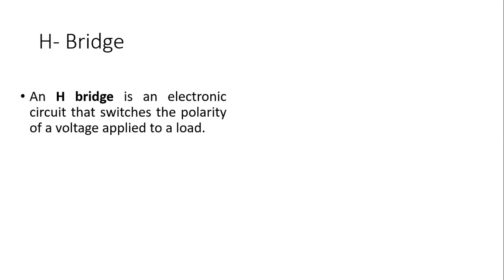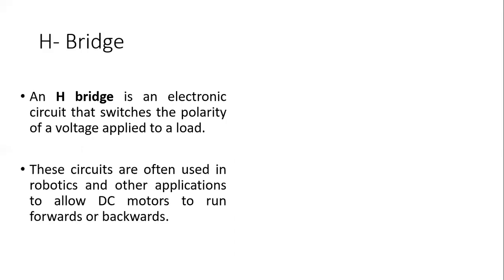An H bridge is basically an electronic circuit that changes the polarity to the load. By changing the polarity of the voltage applied to a load, we can achieve the direction of rotation. This is a kind of circuit used in robotics applications, and also in DC motors to run the motor in the forward direction or the backward direction.